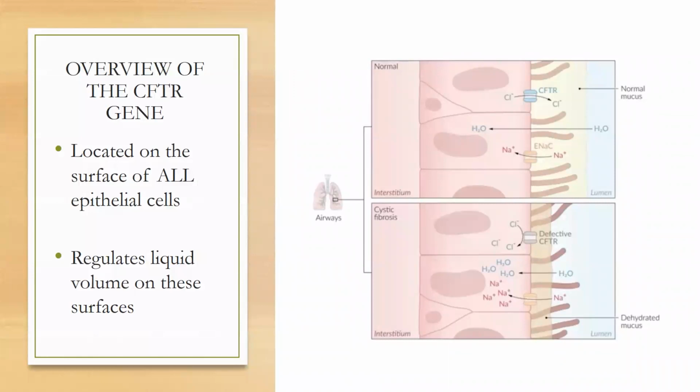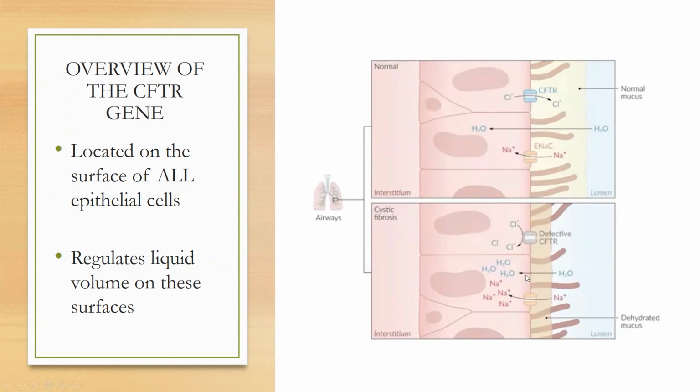So looking at the CFTR gene overall, this is a picture of it on the right. Like I said, it was discovered in 1989, and what does it do? Well, its job is to pump chloride out. In the normal cell, you have chloride pumped out of the cell by your CFTR gene. Sodium binds up this chloride, and then you have less sodium influxing back into the cell.